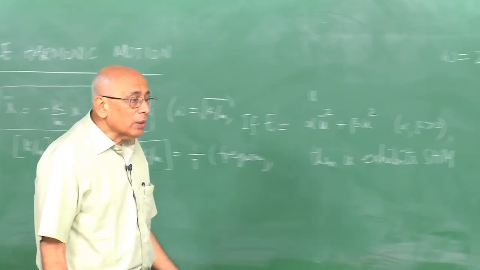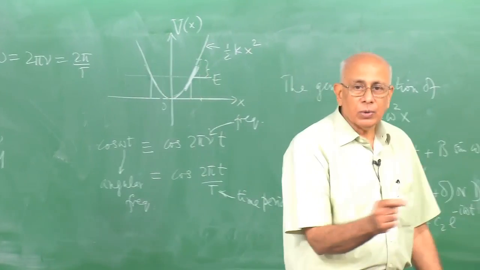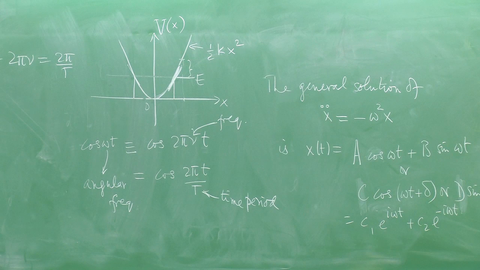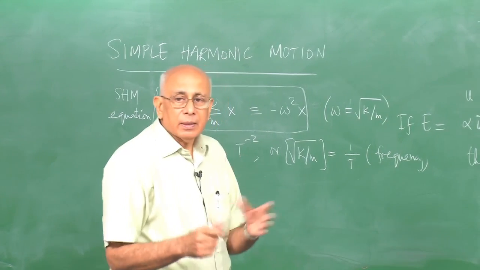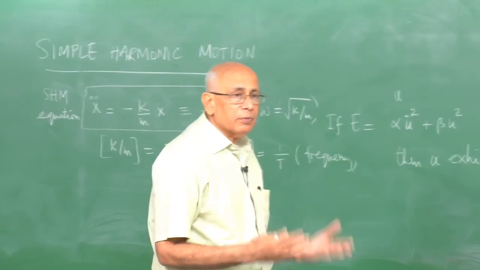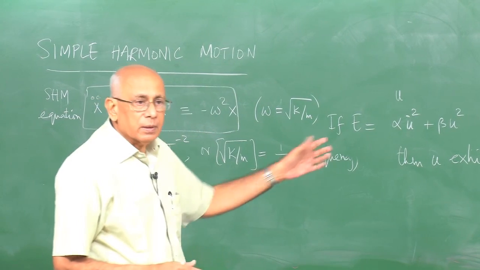It does not matter what this u is. It could be the displacement of a mass which is attached to a spring, it could be the angular displacement of a simple pendulum, it could be the level of water in a u-tube which is going up and down in each arm in simple harmonic motion, it could be the charge on a capacitor in an electrical circuit, and so on. There are lots and lots of instances where you have simple harmonic motion. We will see some of these things as we go along.